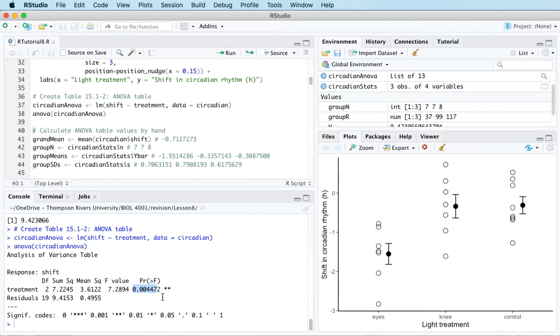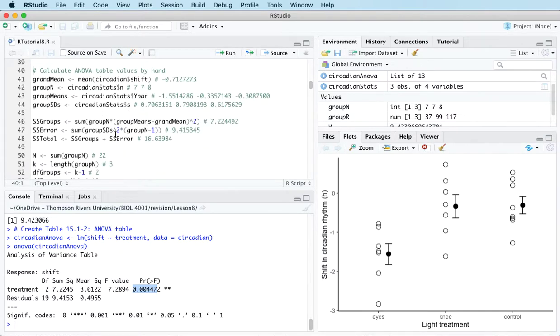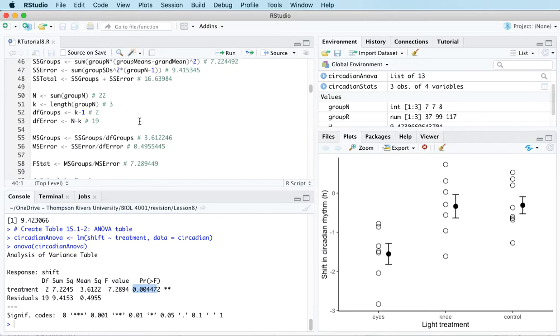That was less than our significance level of 0.05, and so we rejected the null hypothesis in favor of the alternative, which stated that at least one treatment mean is different from the others. Now we're going to do our planned comparison, looking at the difference between the knee treatment group and the control group.